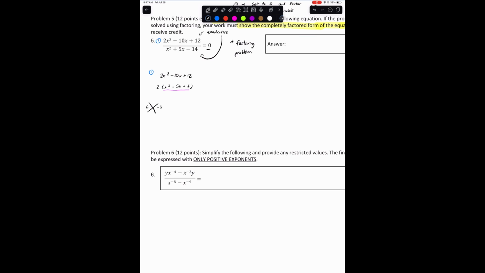This would be negative 2 and negative 3. Let me just focus on the inside. So this yields x squared minus 2x minus 3x plus 6.